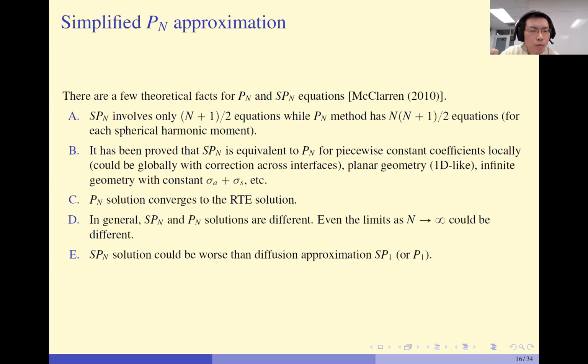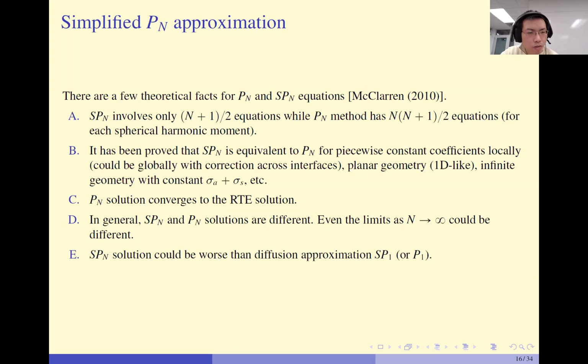For these three cases, we already know that the results are true. So these two models are equivalent, and we know the PN model converges to the true model. That means in these three cases, the simplified PN model is a good model.